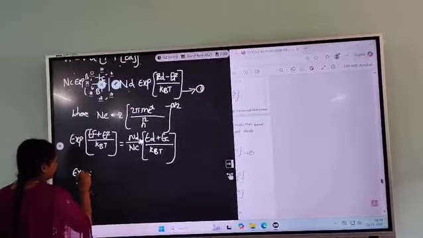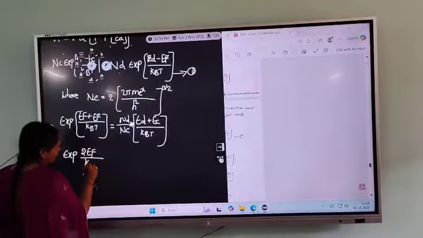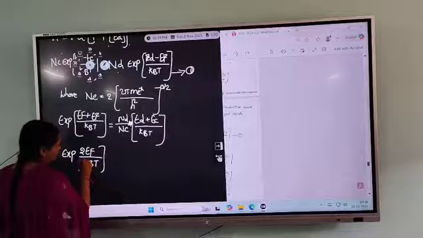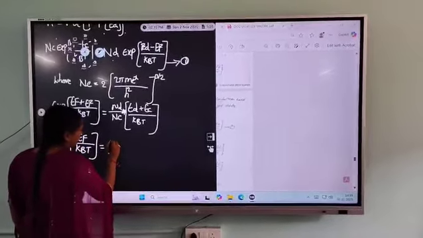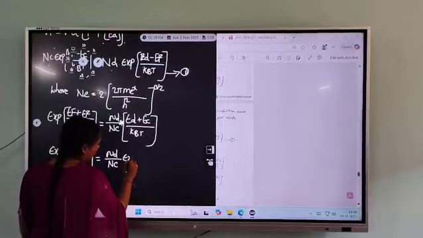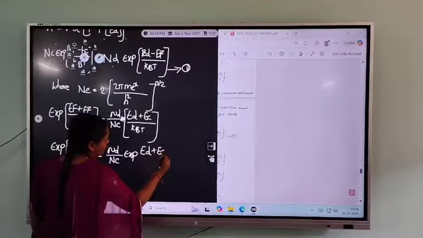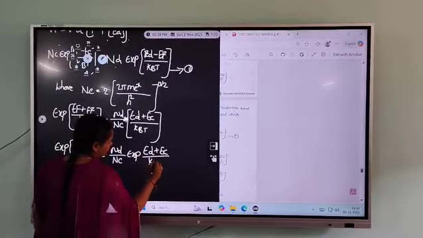We get the equation exponential of 2Ef by kBT is equal to Nd by Nc exponential of Ed plus Ec by kBT.